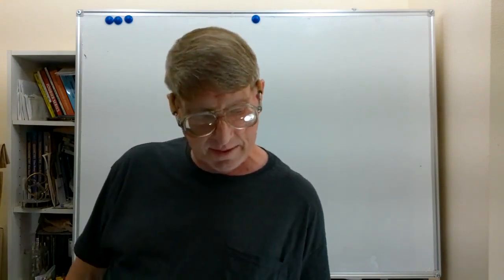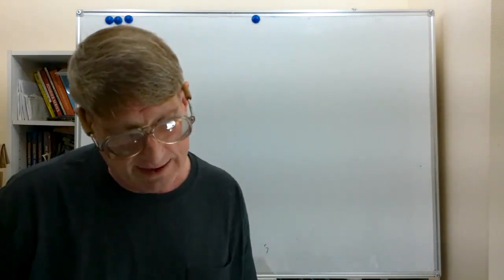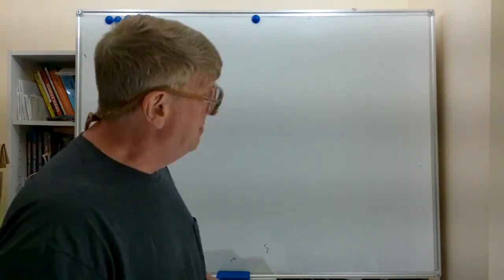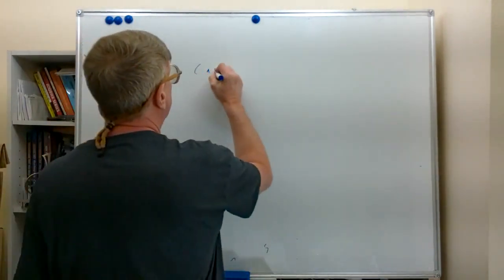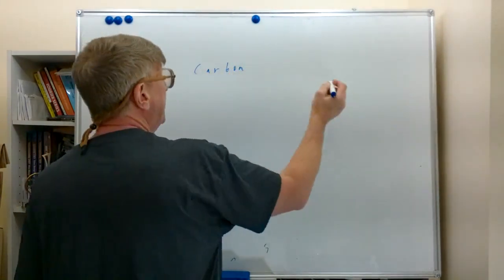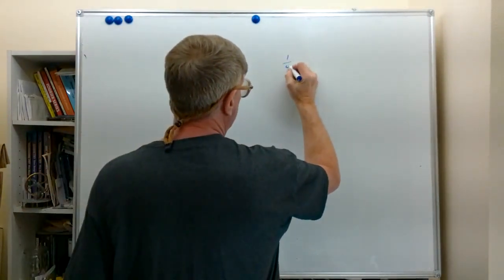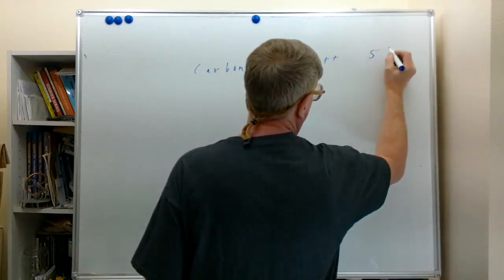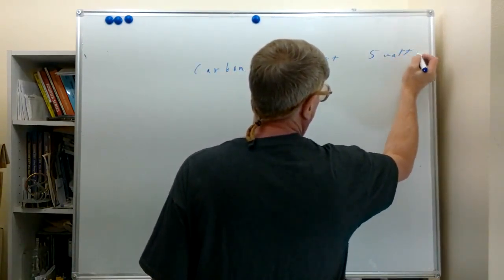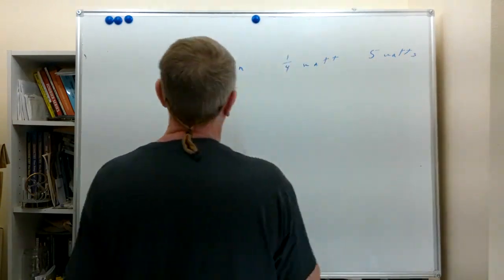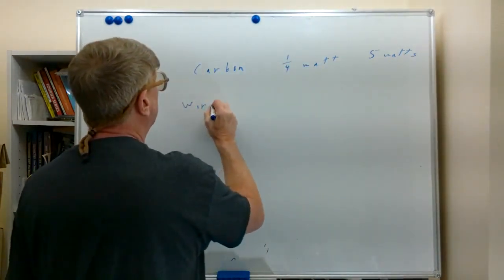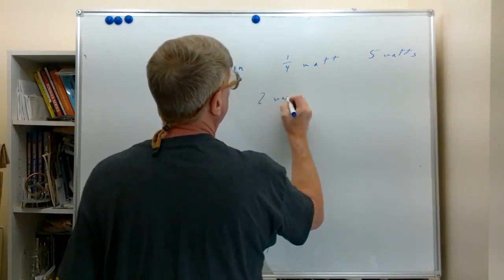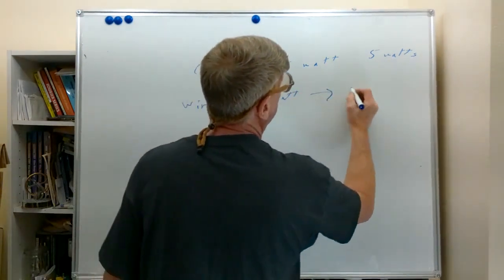We talked a little bit about the power rating of a resistor. The power rating is basically how much heat can be dissipated. We mentioned that small carbon resistors are typically rated from 1/4 watt to about 5 watts, and a wire wound resistor might be 2 watts up to 100 watts or more.